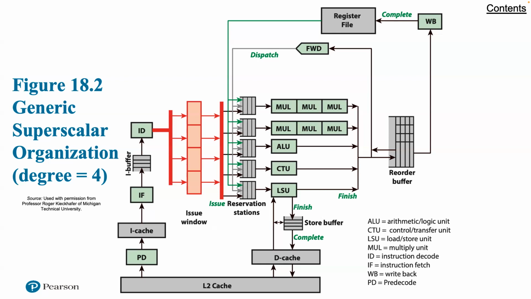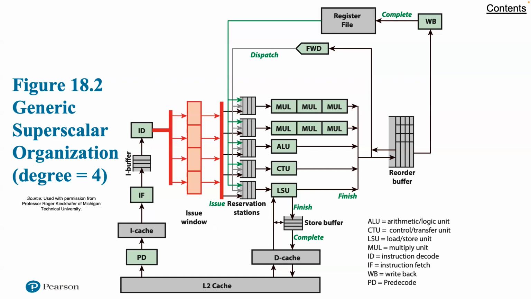The issue window is followed by a set of reservation stations, with instructions being issued from the issue window as reservation station capacity becomes available. The concept of a single reservation station was introduced in chapter 16. With a superscalar architecture, there are multiple reservation stations, one for each pipeline.